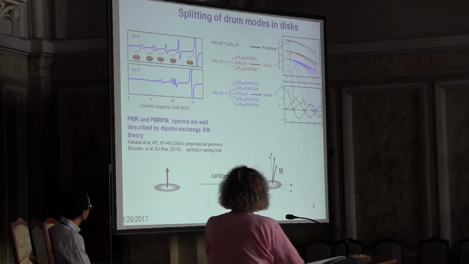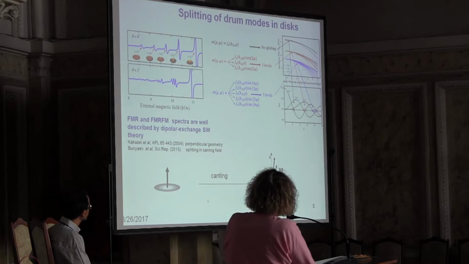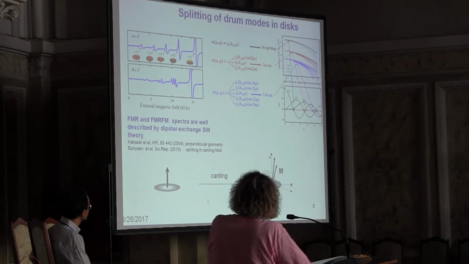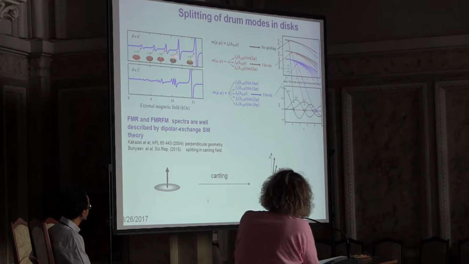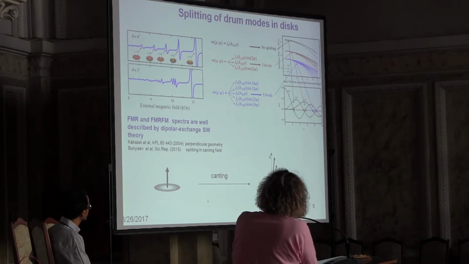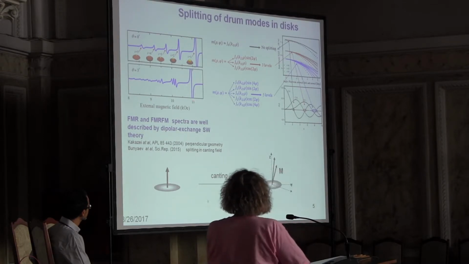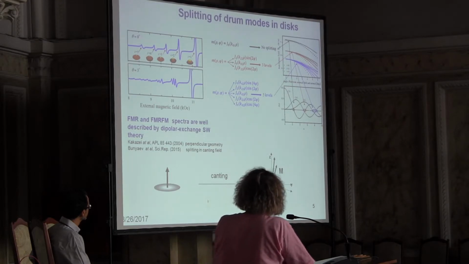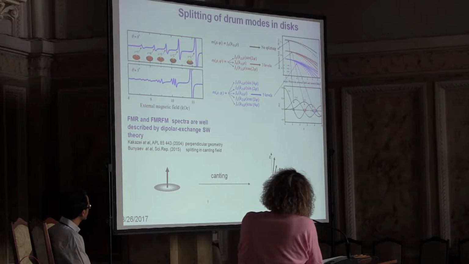A little bit of history. Many years ago, more than 10 years ago, standing spin waves were investigated in disks, the usual FMR spectra. And then 2 years ago we investigated splitting of such modes in disks, and we recognized that there is an interesting hierarchy of splitting.